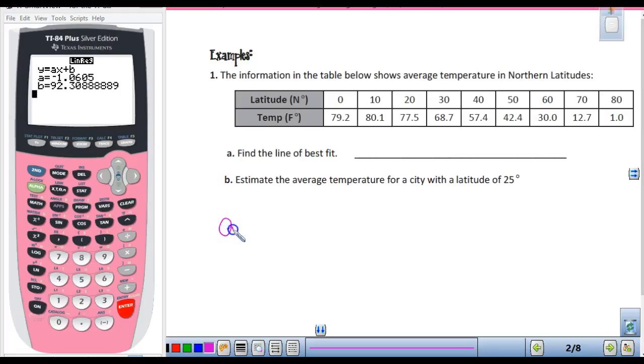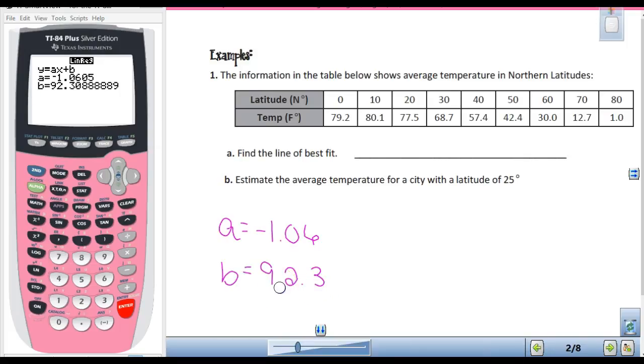It tells us that a equals negative 1.06, right? We always estimate to 2 decimal places, so 2 numbers after your decimal. And our b, it tells us, is 92.31.